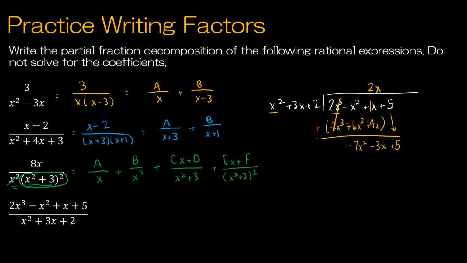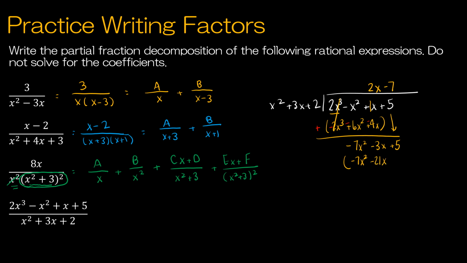So x squared and negative 7x squared gives me negative 7. So I'm looking at the first term. And then I'm going to take everything times negative 7. So I'm going to get negative 7 times x squared is negative 7x squared. Negative 7 times 3x is negative 21x.